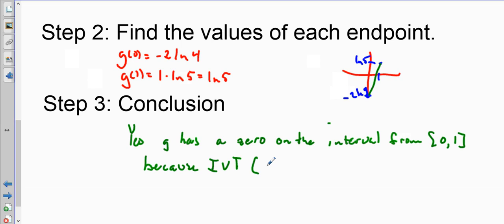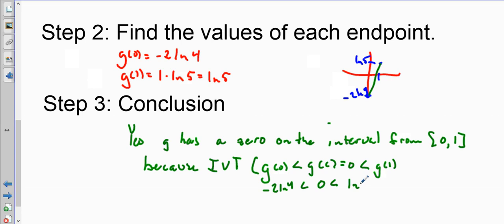Because right here, we know that g of 0 is negative, and therefore that's going to be less than some sort of value, g of c, because we know that g of c has to equal 0 somewhere, and we know this one is actually equal to negative 2 natural log of 4, which is going to be less than 0, and we know that is going to be less than g of 1, which is natural log of 5.